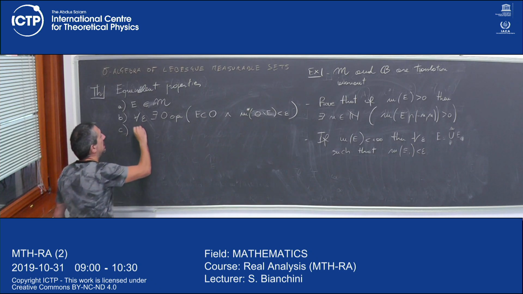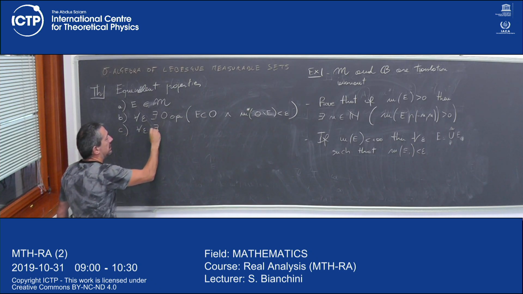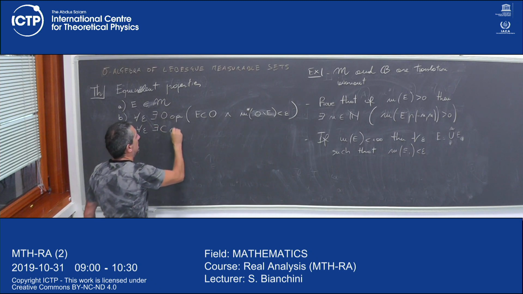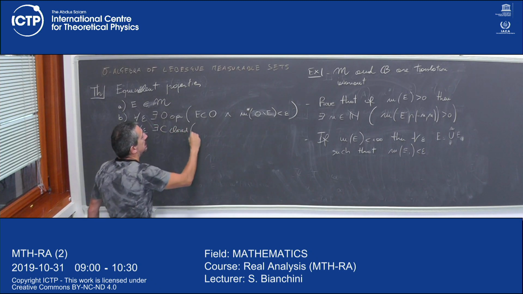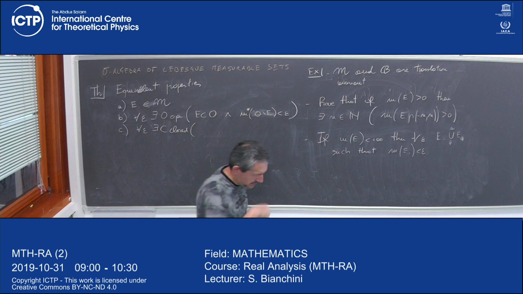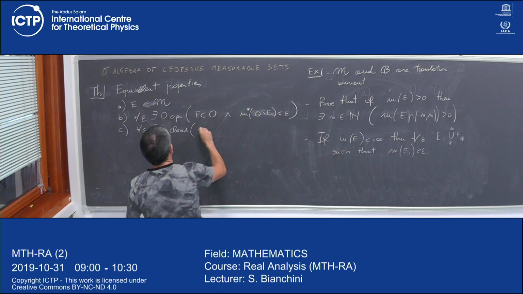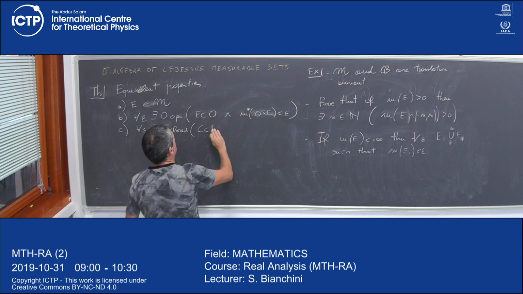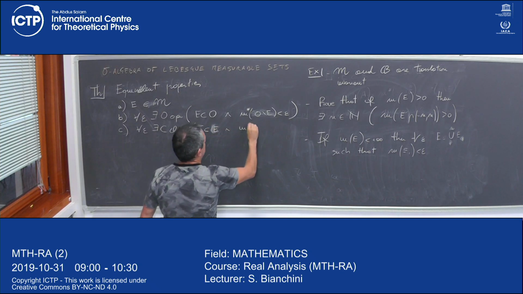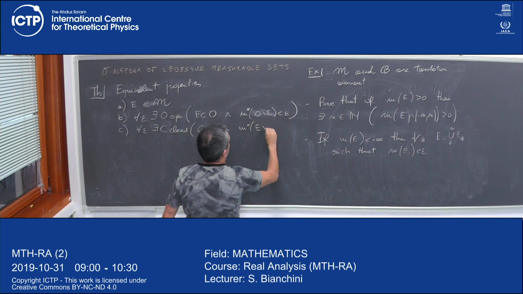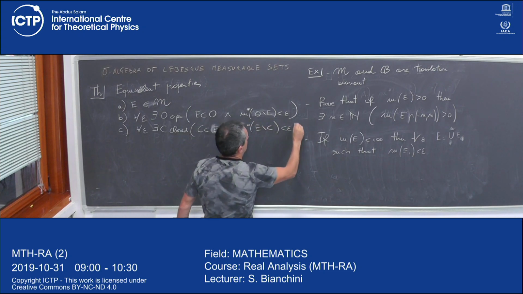C: for all epsilon, there exists a closed set such that C is contained in E, and the measure of E minus C is less than epsilon.